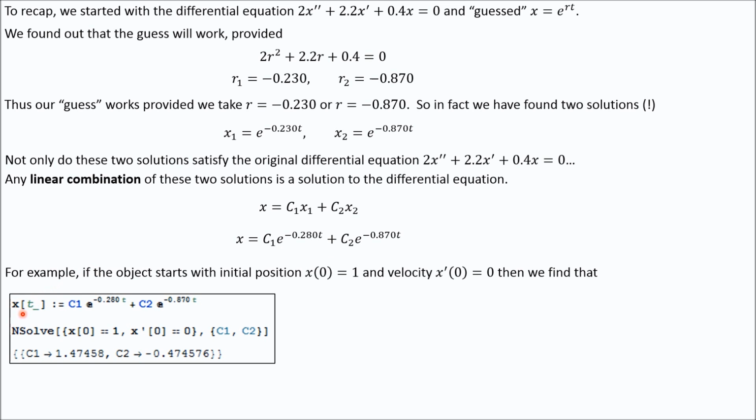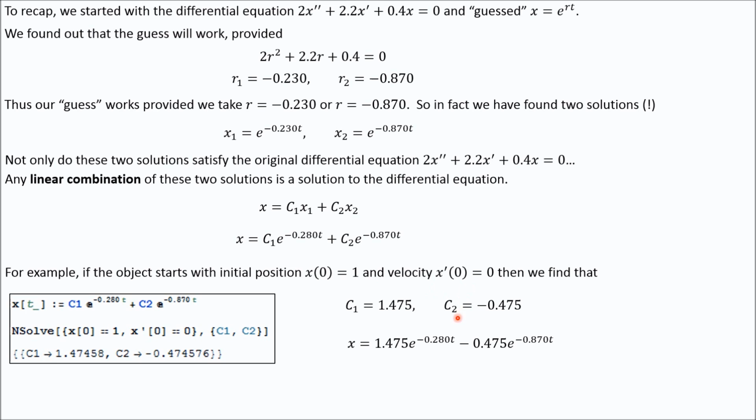Let x of t be exactly what we wrote here, and then solve these two equations for the constants C1 and C2. That's two equations and two unknowns, and it is happy to tell us the answer: C1 is 1.475, C2 is negative 0.475. And so this is our particular solution. It's the solution to this initial value problem with these two initial values.